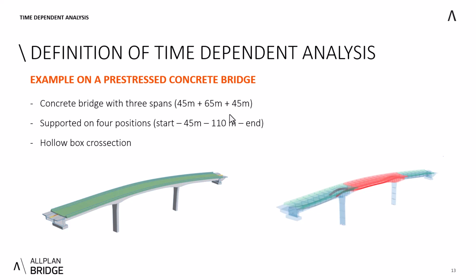Quickly about the bridge, we have a concrete bridge with 3 spans. The lengths of the spans are 45 meters, then the middle one is 65, and the last one is 45 meters again. The bridge is supported in 4 positions, so start at the station 45, station 110, and at the end. And of course, it's a hollow box cross-section. So this is about the geometrical properties of the bridge.